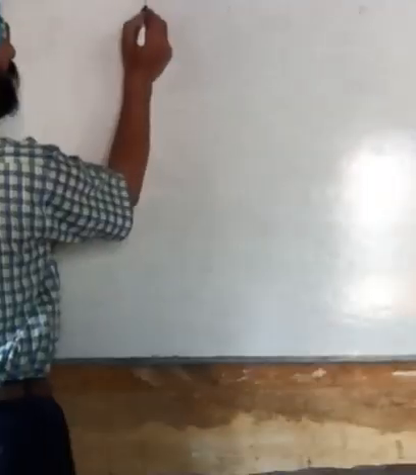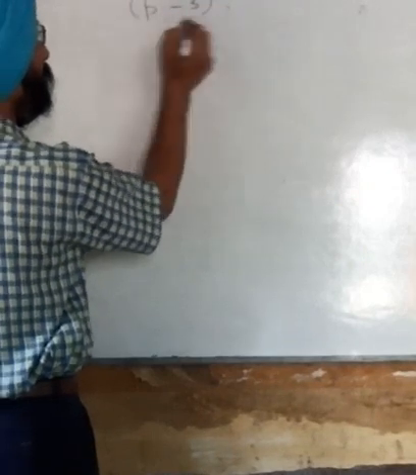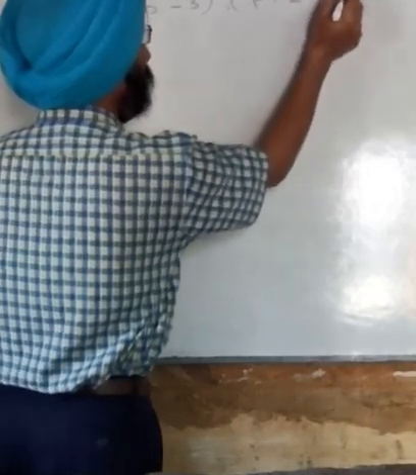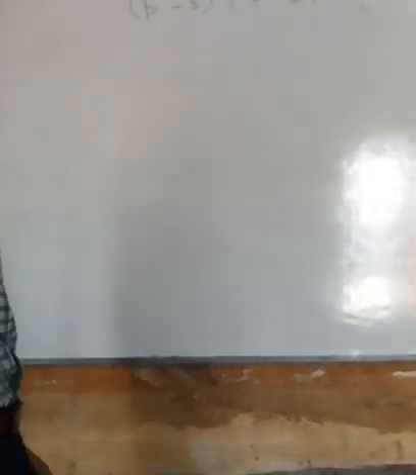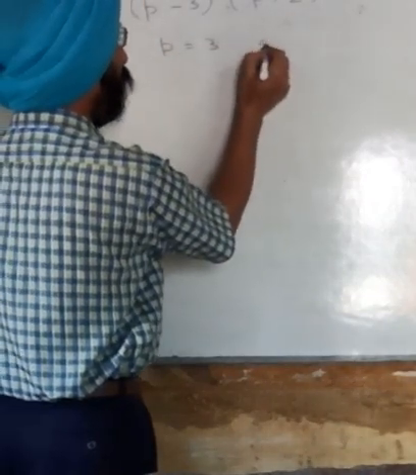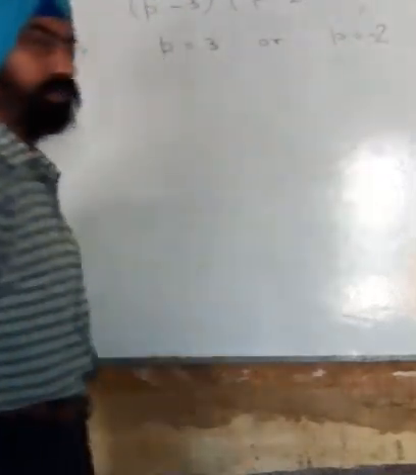So we can factorize it as (p minus 3)(p plus 2) is equal to 0, which in turn will give p is equal to 3 or p is equal to minus 2.